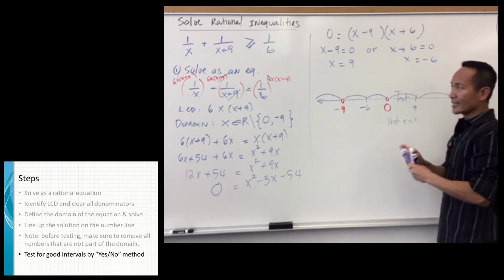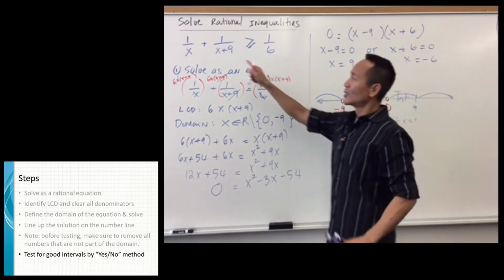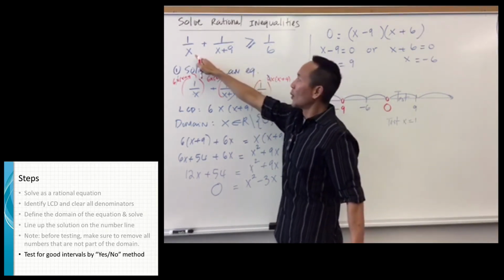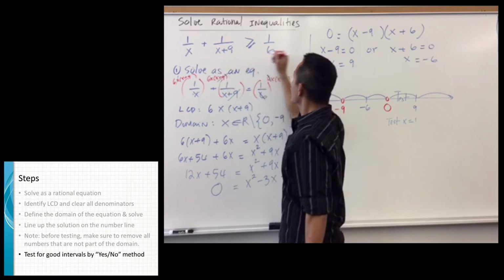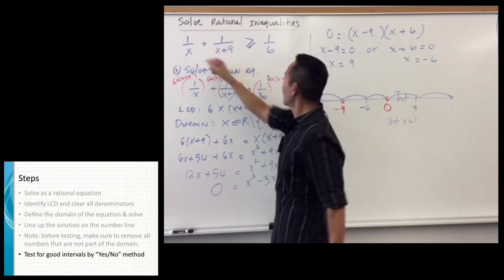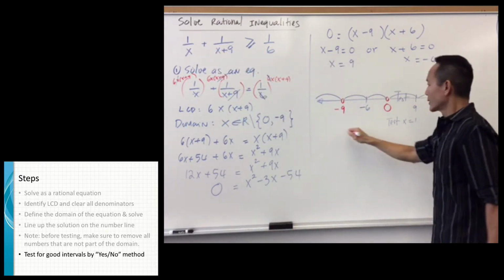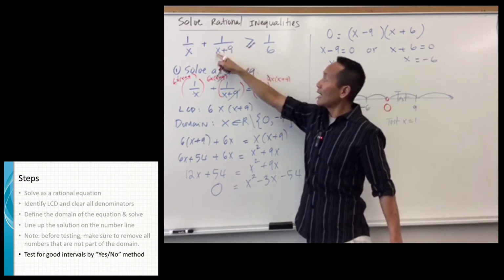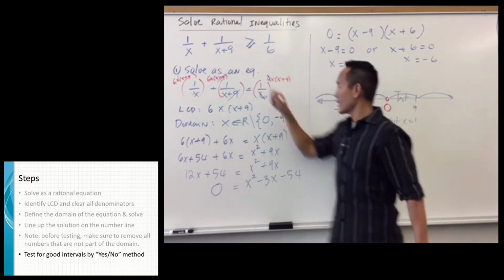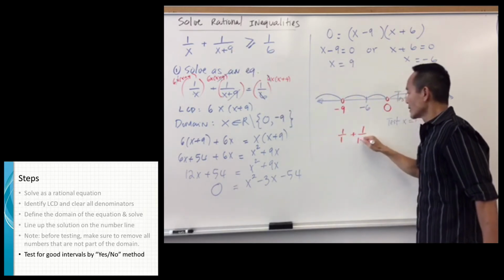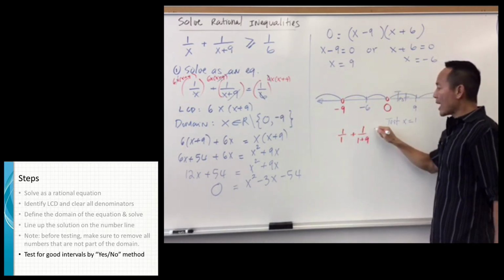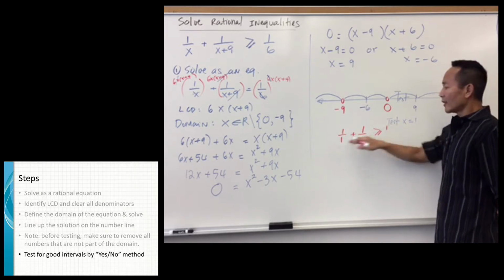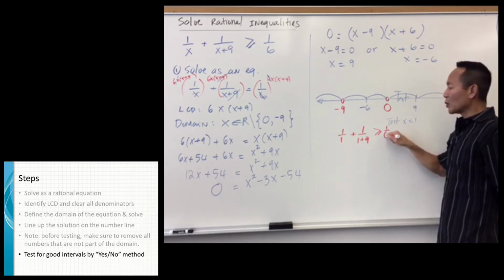So we'll go back to the beginning. We substitute x by 1. So here I have 1 over 1 plus 1 over 1 plus 9. Okay, we compare to see if the left side is greater than or equal to 1/6.